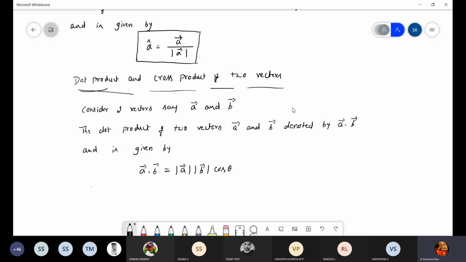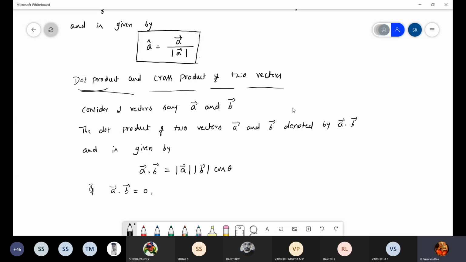Next line, if A dot B equals 0, so just tell me, for what angle theta does cos theta give 0? 90 degree. Very good. When theta is 90, cos 90 is 0.